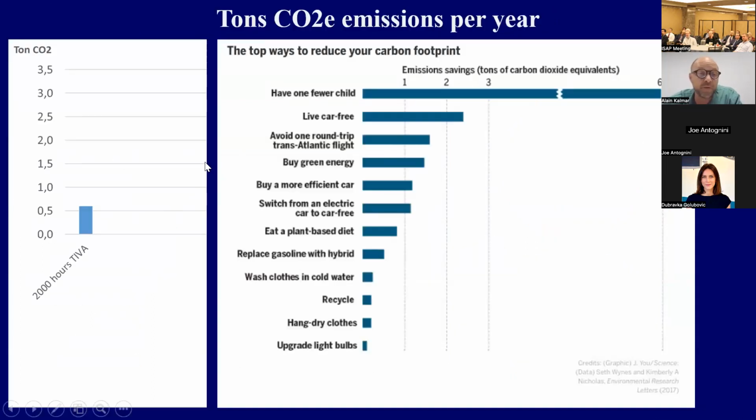So if we compare, for instance, let's say that I do everything in total intravenous anesthesia, and I work 2,000 hours in a year, then I emit between 0.5 and 1 ton of CO2 per year. The propofol and the syringes and the plastic and also the incineration of all the waste together, less than 1 ton of CO2 per year.